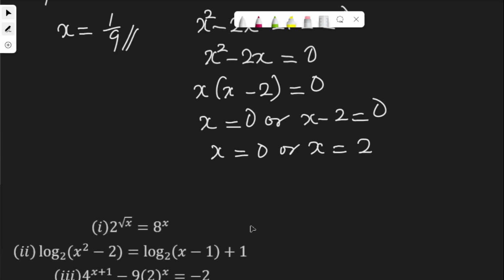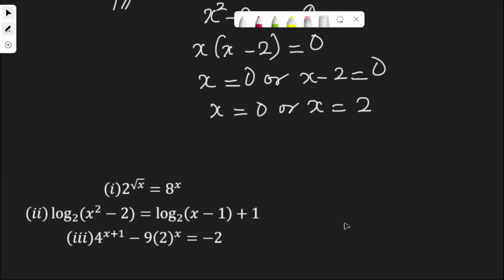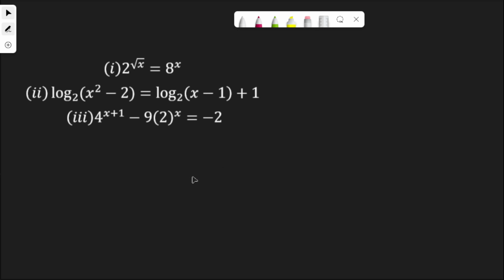Question number 3, we have 4 to the power of x plus 1 minus 9 times 2 to the power of x. Just move this inside, that is 2 to the power of 1 times 1 times x is 2 to the power of x.